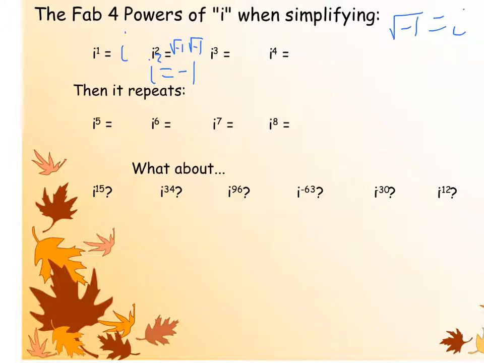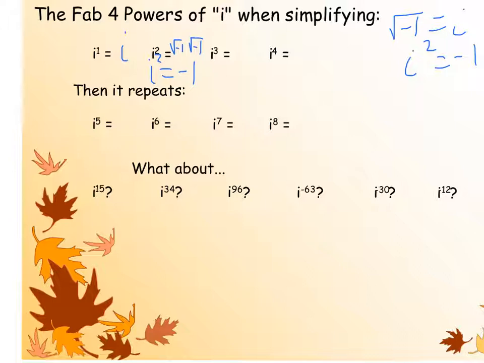That means that i squared is negative 1, and as we work more with simplifying expressions that have imaginary components to them, that becomes really significant. And it goes to show that you shouldn't think about imaginary numbers as completely separate from real numbers. They are very much related. It's important to keep that in mind.